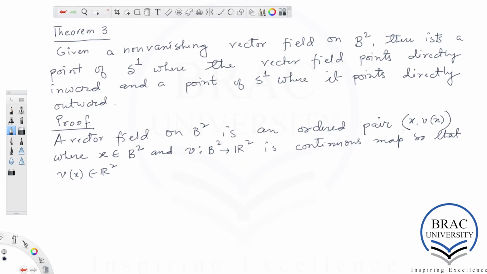So the vector field is given by this ordered pair.